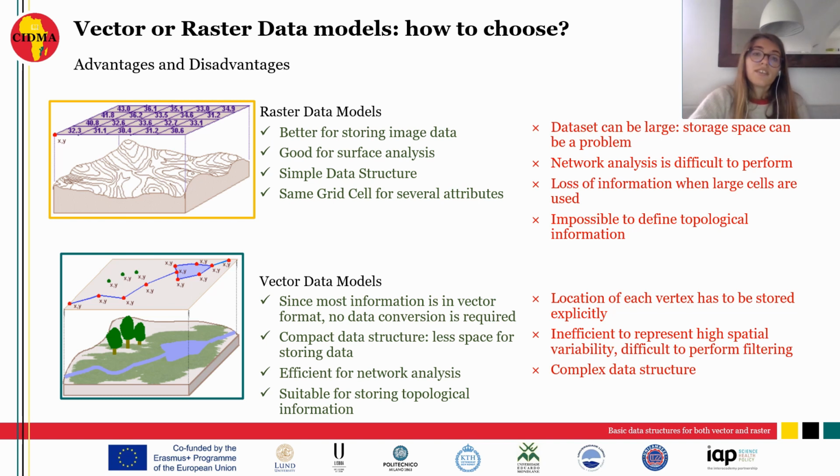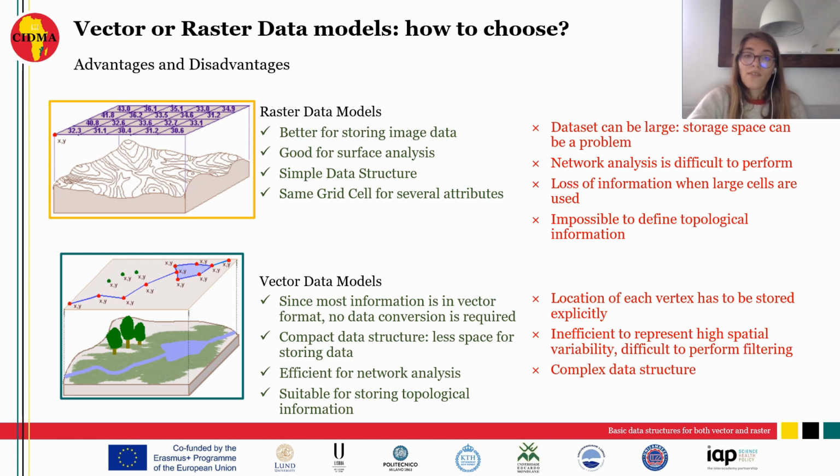Their data structure is simple, however, this does not mean that they require less storage space. Indeed, their datasets can be very large depending on their cell size, due to their level of detail. Also, they cannot store topological information and it is difficult to perform network analysis with them.